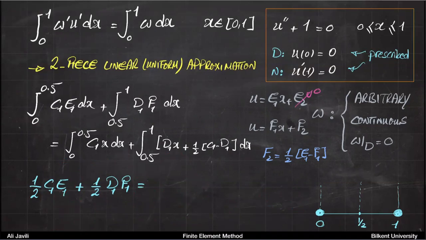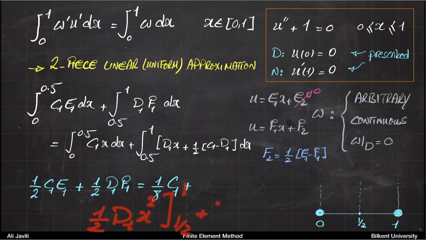So the first term on the right hand side translates to 1/8 of c1 plus, now you do the integration here. So you would have 1/2 of d1 x squared, let's say from 1/2 to 1, plus that second term, which is 1/2 of c1 minus d1 x from 1/2 to 1.